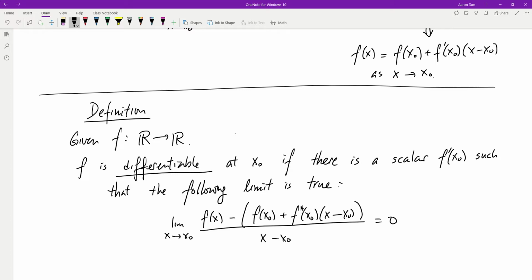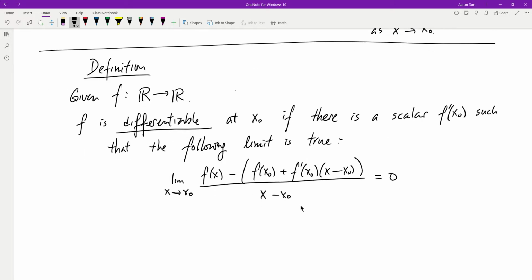And this little value right here, f prime of x sub 0, is called the derivative of f at x sub 0.